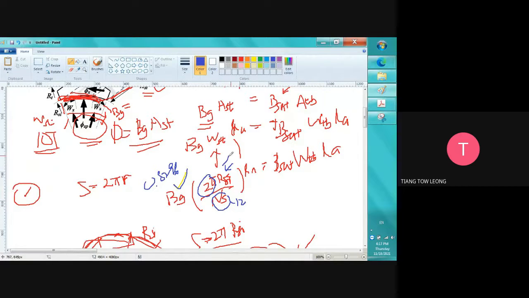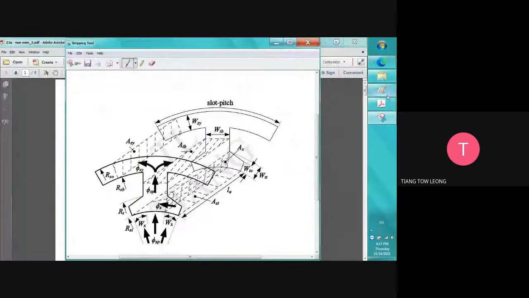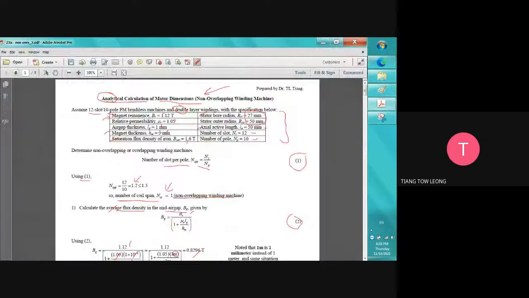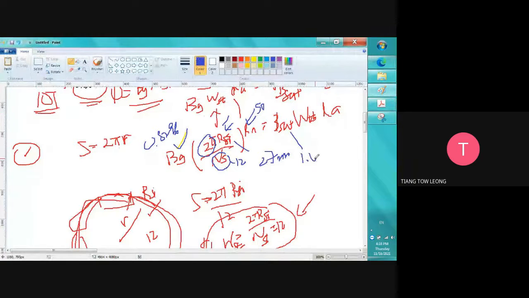RSI already given, it is 27 mm. Then LA is 50 mm. B set is 1.6. And then WTB is the thing that we want to find.